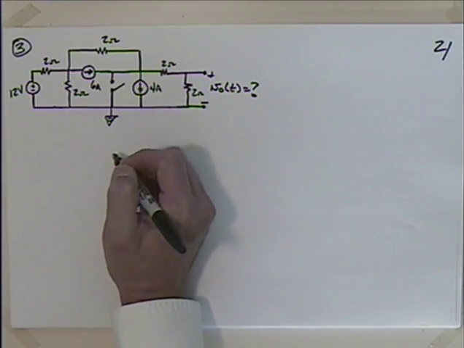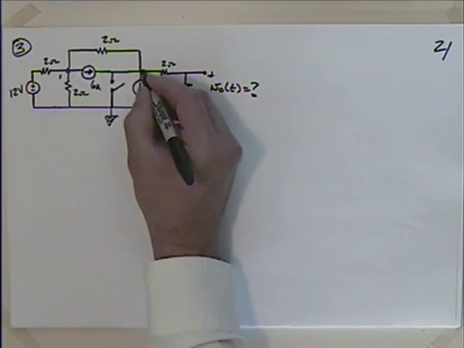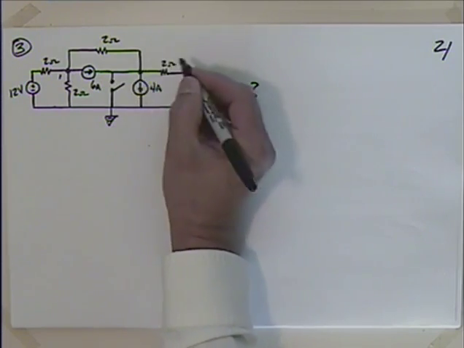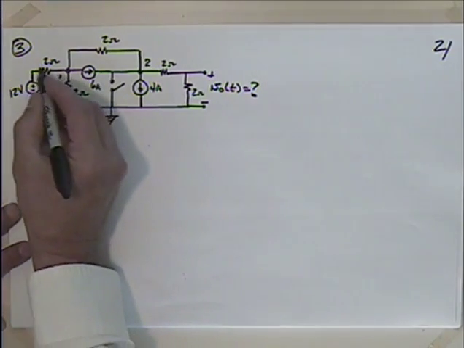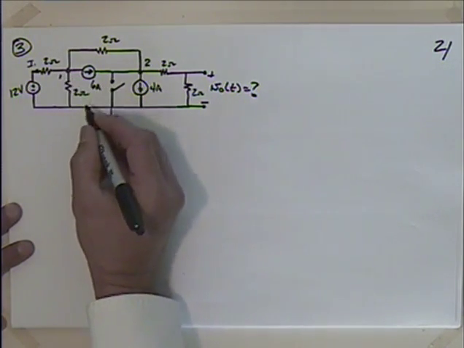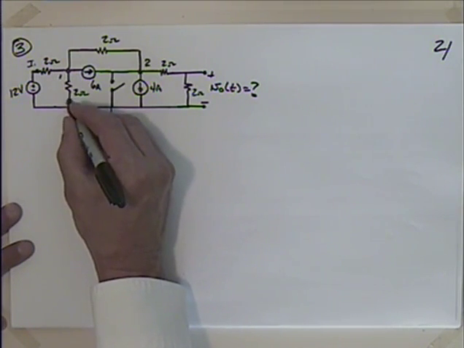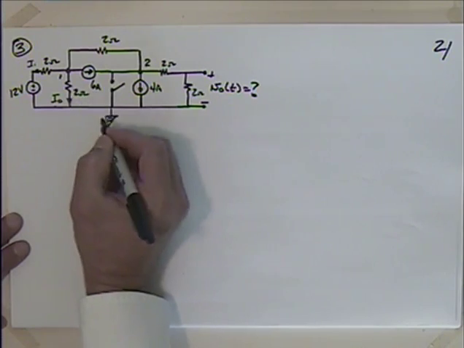So I'm going to take this as a reference ground. I'm going to say that this is point number 1. I'm going to say this over here is point number 2. And I could talk about I1 there. And maybe we'll talk about I naught.